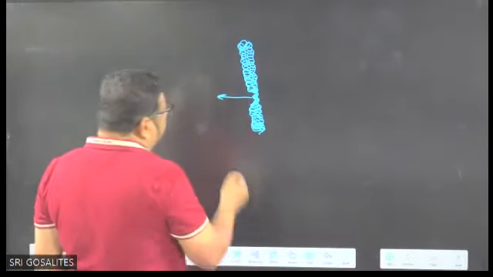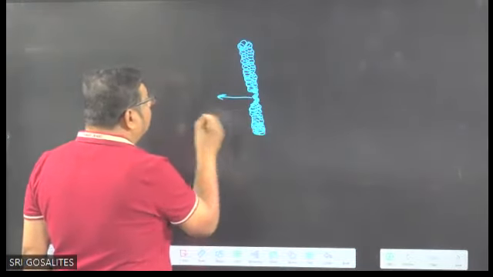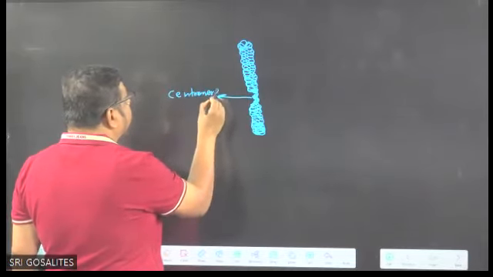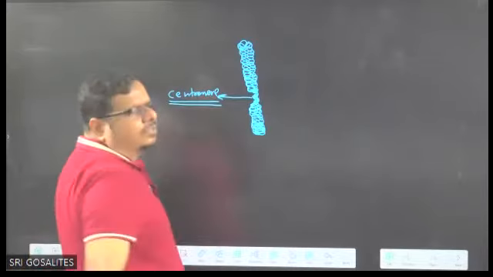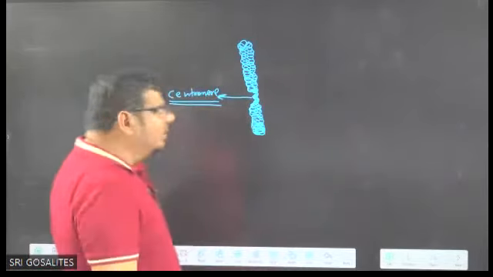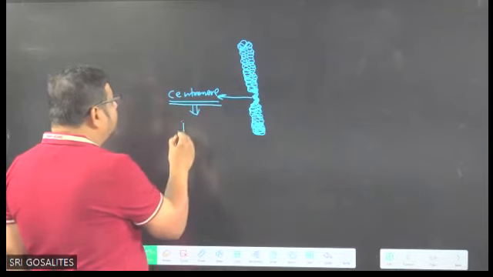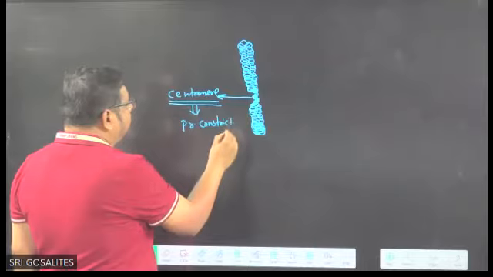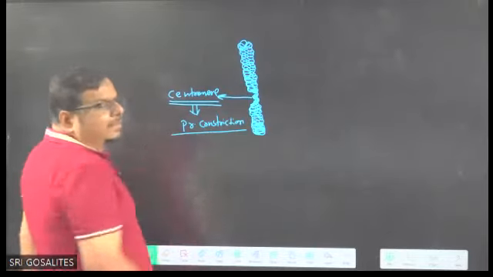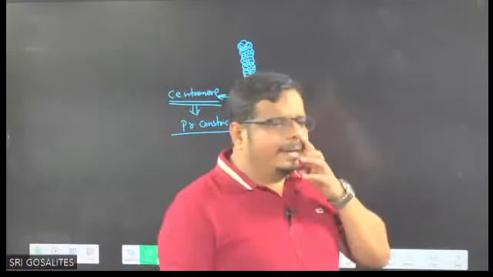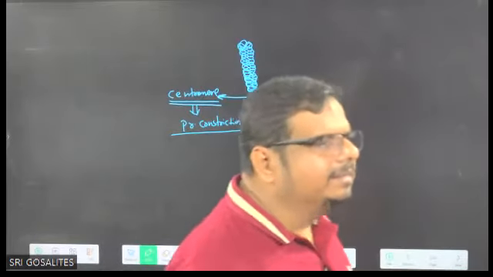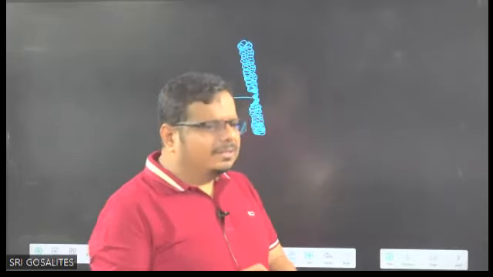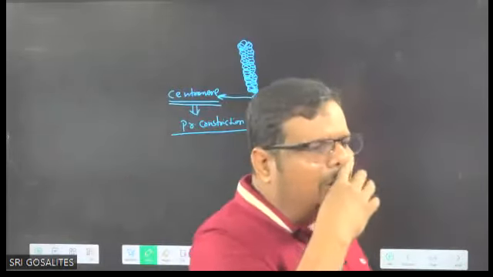So this constriction is called centromere, and this centromere is also called the primary constriction. You got the basic idea. You will get much detail later on when we study everything in detail. I'm just using this terminology so it is somehow easier to understand your topic.